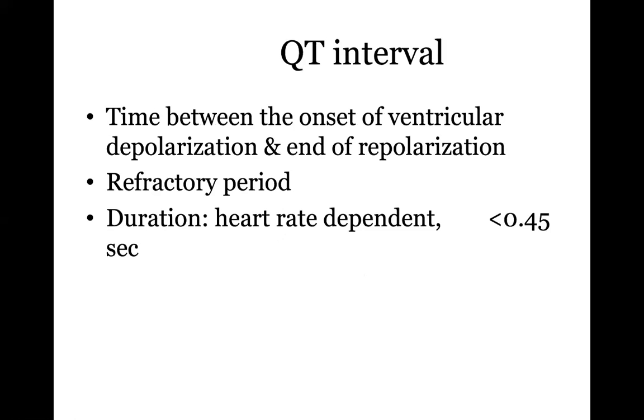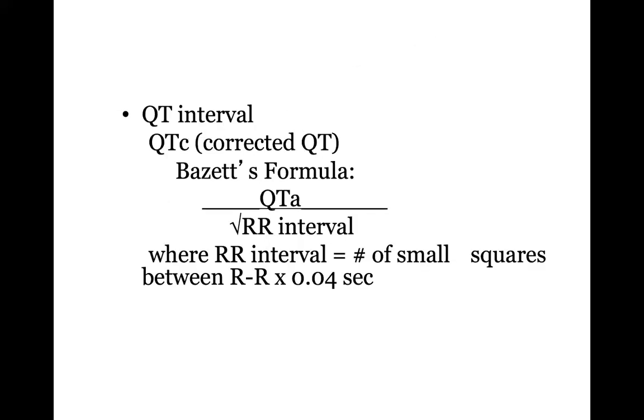The QT interval is the time between the onset of ventricular depolarization and end of repolarization. We call it the refractory period and it is also heart rate dependent. The normal value is less than 0.45 seconds. So this formula we call Bazett's formula. This is important in knowing the normal value of your QT interval.